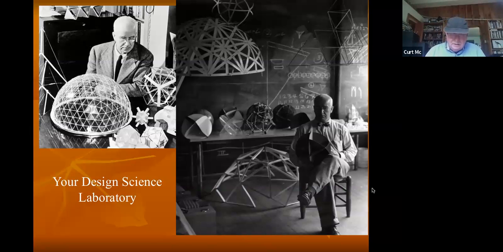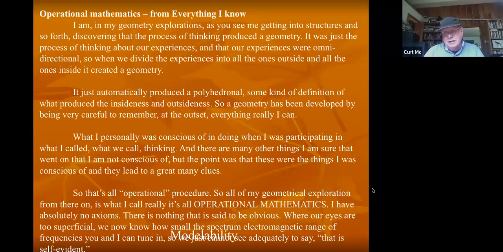And here is a slide. And it really is, I think, a good, easy way to think about operational mathematics. And he's like, what was I really doing when I was thinking? I was separating sort of things outside from things inside, right?